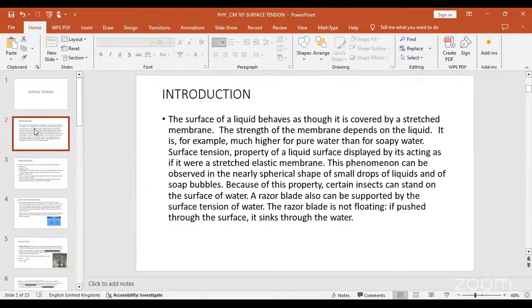The surface of a liquid behaves as if it's an elastic body, like a stretched membrane.